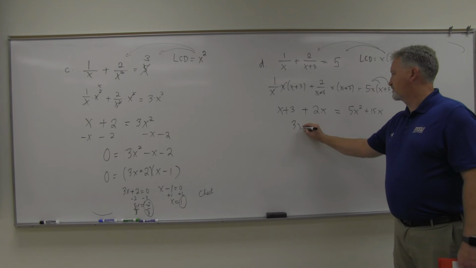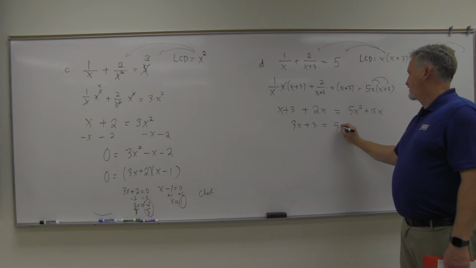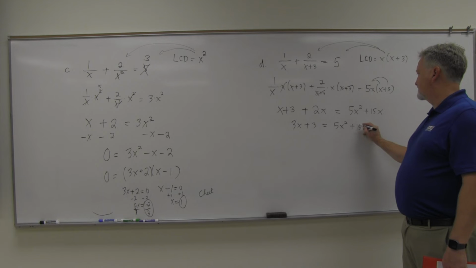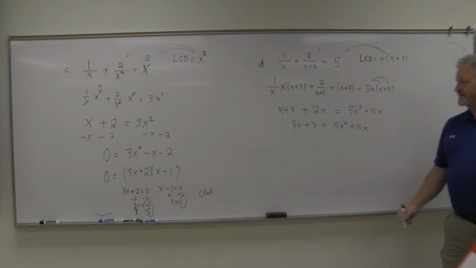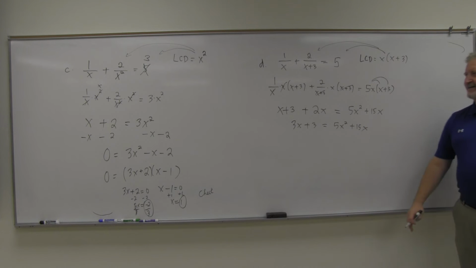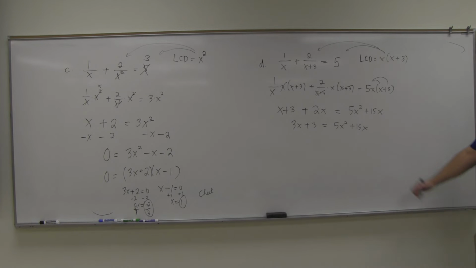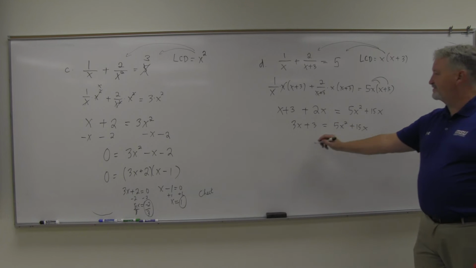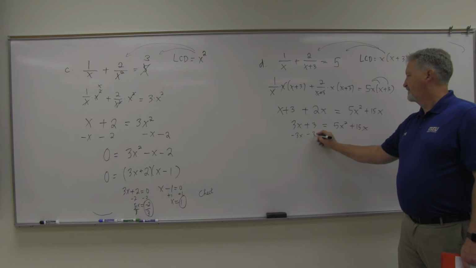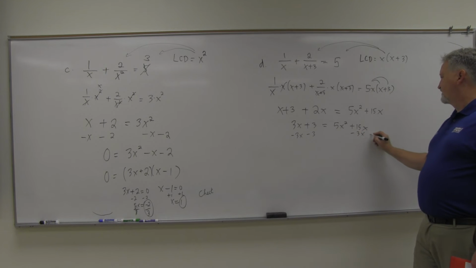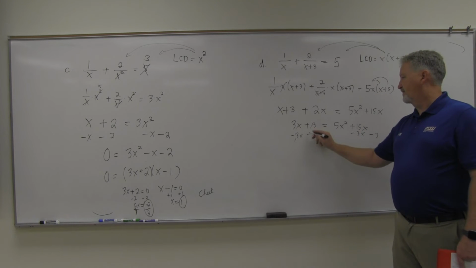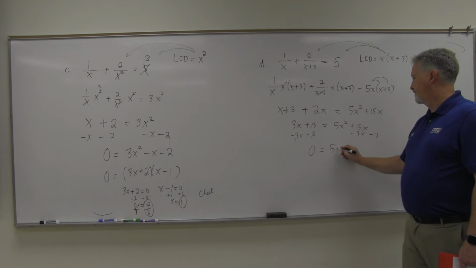We've got 3x plus 3 equals 5x squared plus 15x, which again is an x squared equation. Leave one side 0. So let's subtract the 3x to get rid of those, and make this side 0.